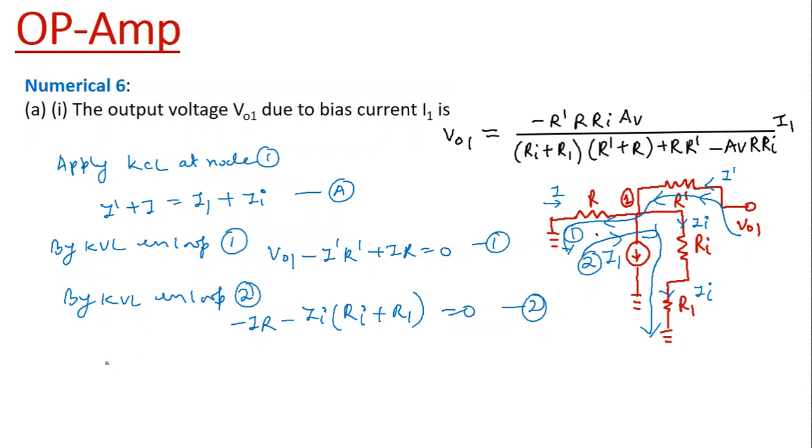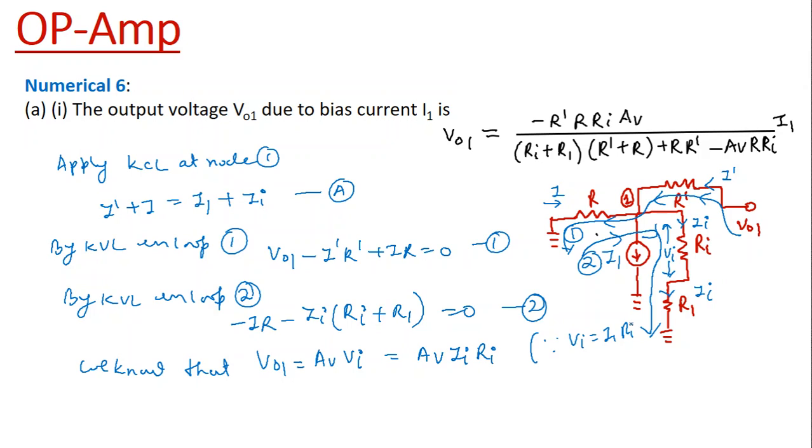Now we know that the output voltage is given by gain multiplied by input differential voltage, AV into VI. And VI is the input differential voltage which exists across Ri. From the circuit diagram, VI will be II into Ri. So VO1 will be equal to AV into II into Ri, since VI is equal to II into Ri.